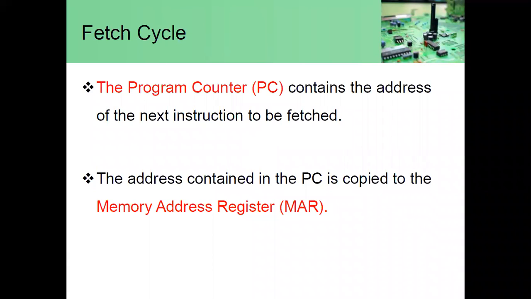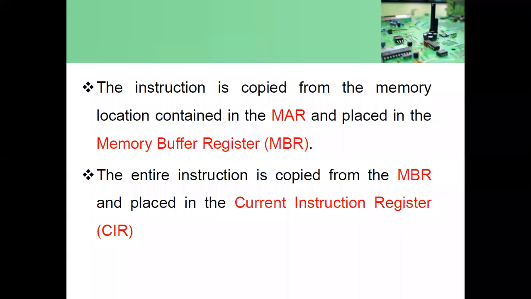The address which is contained in the PC is copied to the memory address register. So whatever address is in the PC, the program counter register, will be copied into the MAR, the memory address register. Then the instruction is copied from the memory location contained in the MAR and placed in the memory buffer register.